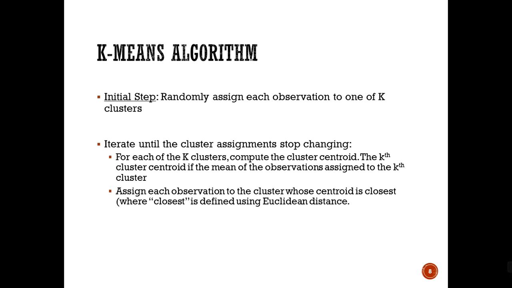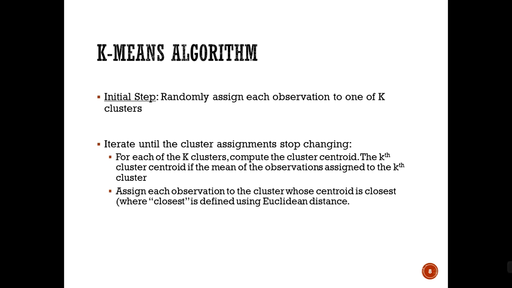So how does k-means clustering work? You can see from the name, there are two words in k-means clustering, of course. First word is k, second word is means. So what does means mean? It's going to use a mean somehow.